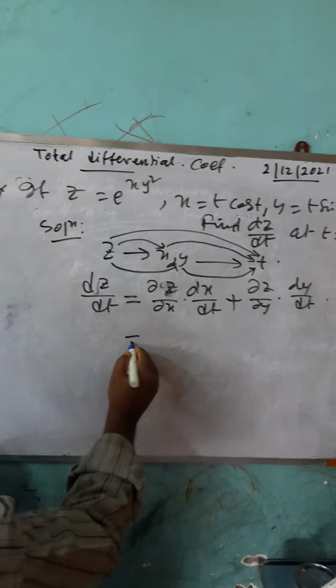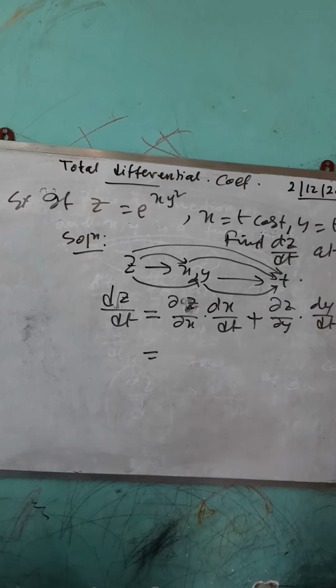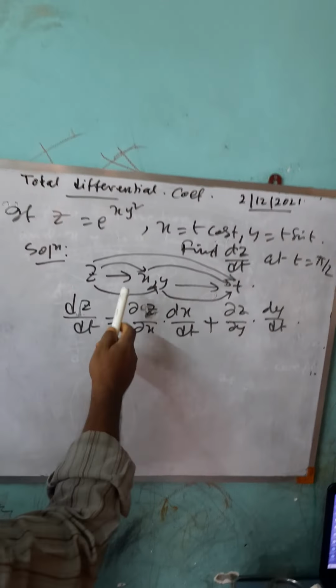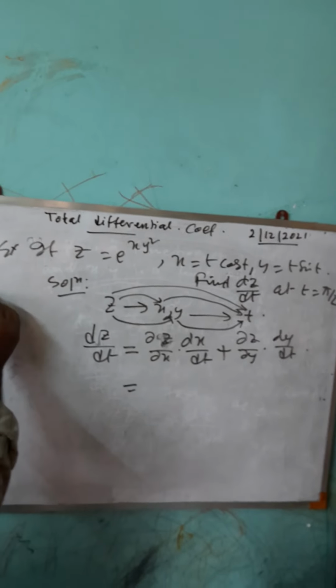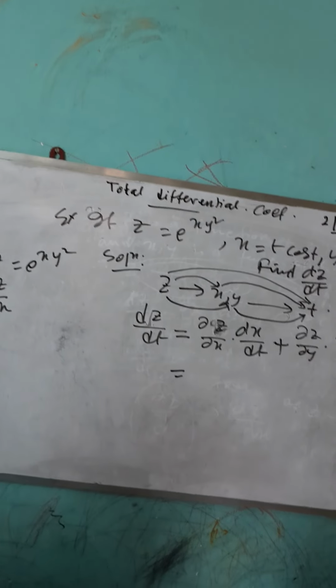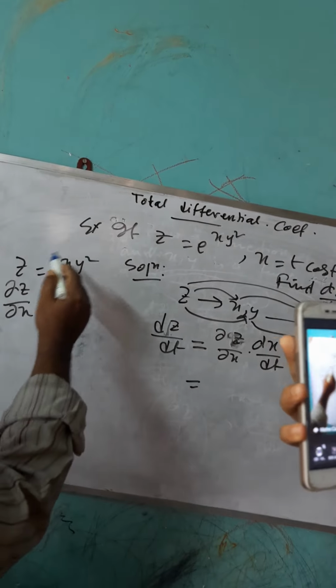Okay, very good. Now I am putting in the value of ∂z/∂x. Tell me, with respect to x, what is ∂z/∂x? Look, z equals e to the power x y square. ∂z/∂x means with respect to x, keeping y constant, because there are two independent variables here.